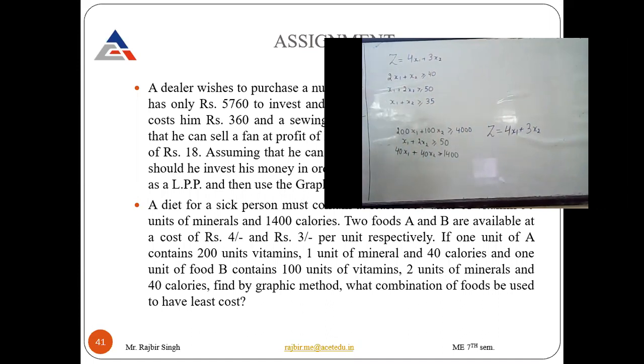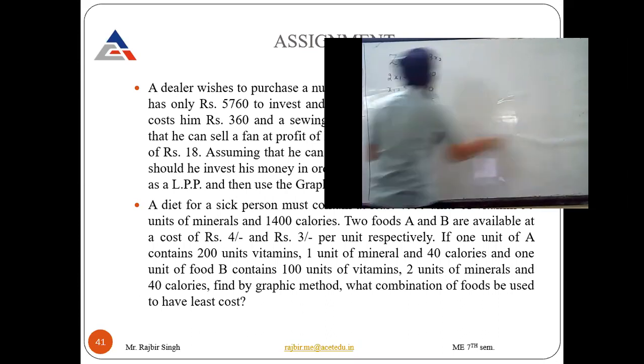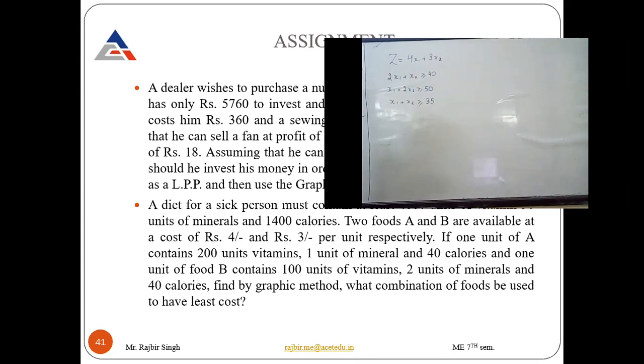So these are the three equations. First one is 2 into x1 plus x2, this is greater than or equal to 40. Second one is x1 plus 2 into x2, this is greater than or equal to 50. And the third one is x1 plus x2, this is greater than or equal to 35. Now we have to convert the inequality sign into equality sign so that we may use the graphical method.